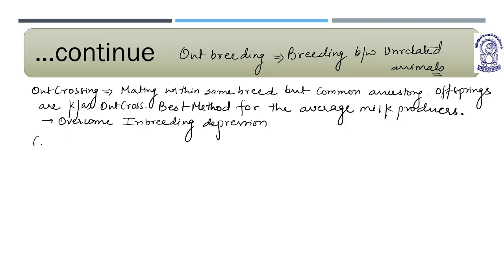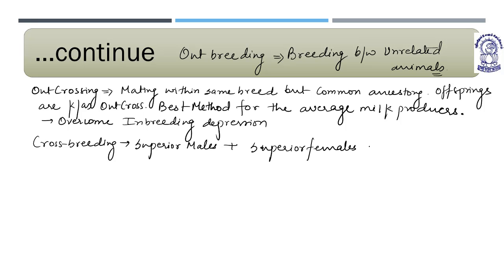Then comes crossbreeding. In crossbreeding, the superior males are mated with the superior females of a different breed. Many new animal breeds have been developed by this strategy. It gives better breeds. Cows of an inferior breed may be mated to the bulls of a superior breed to get a better progeny.